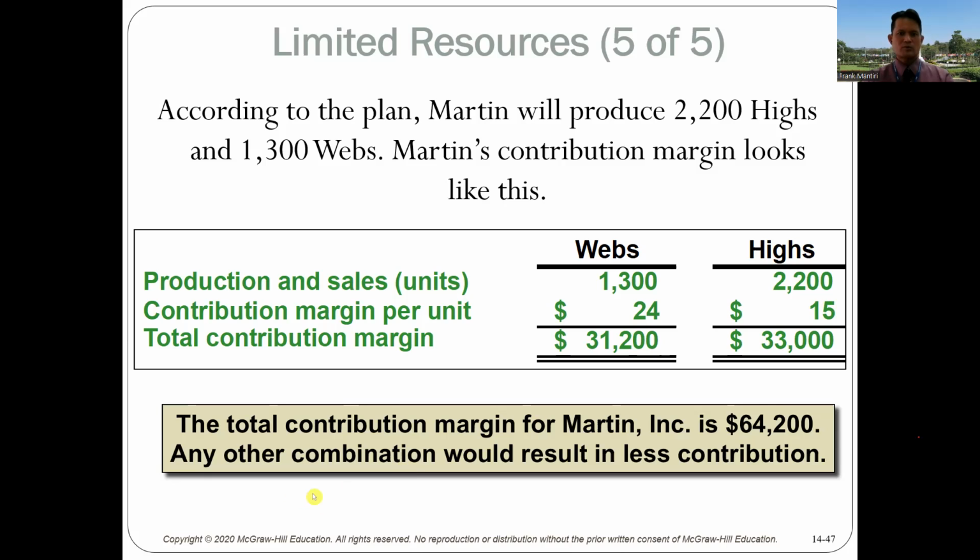So the total contribution margin for Martin Incorporation will be 31,200 plus 33,000 equals 64,200. Now, any other combination would result in less contribution. So this is how to find whether you're going to use the limited resources well or not.